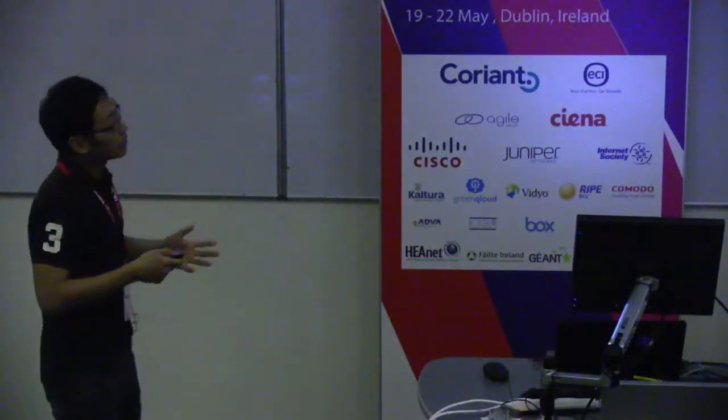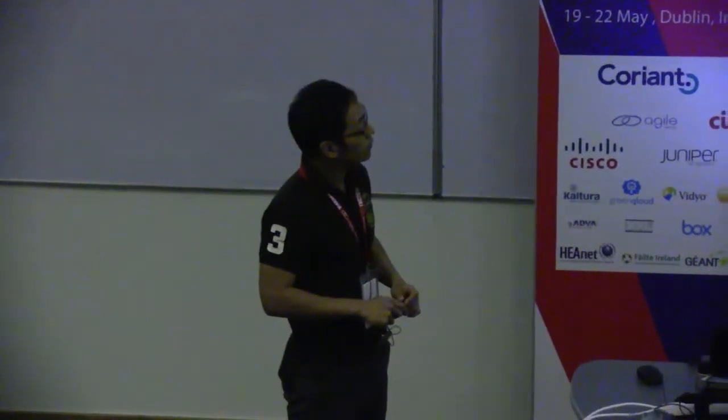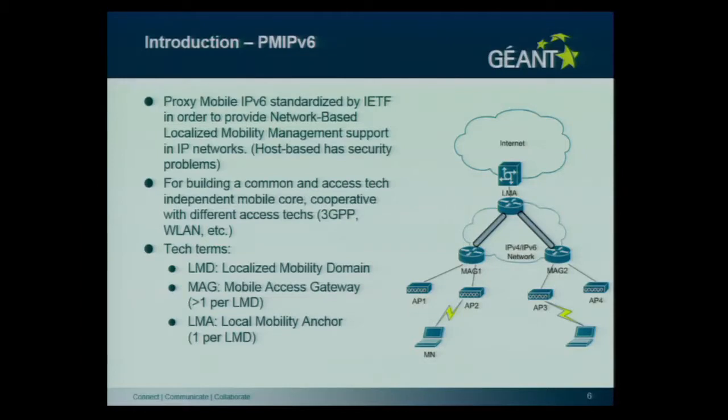The basic idea here is you have a localized mobility domain, or LMD, and in this domain the devices are supported with mobility freedom. You have several mobile access gateways, MAGs, responsible for taking care of the details of the handover from layer 2, and the discovery of whether this node belongs to this domain.